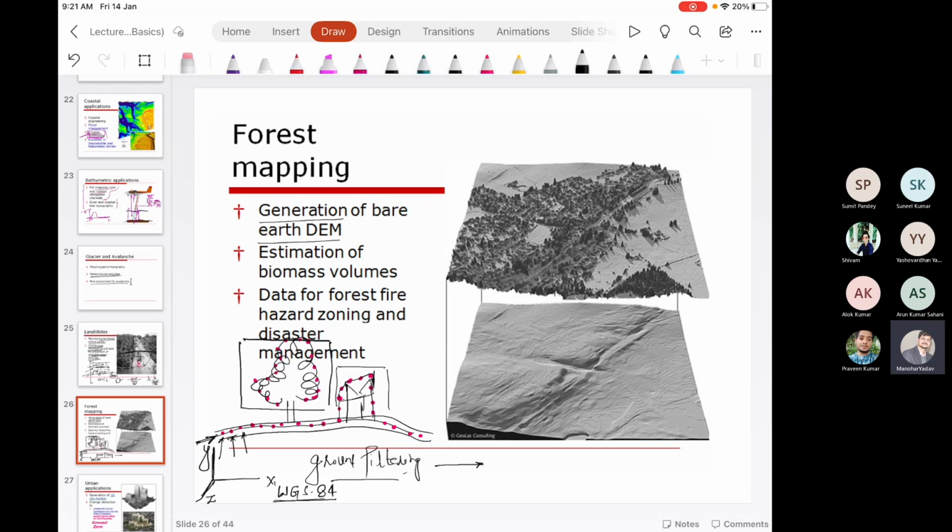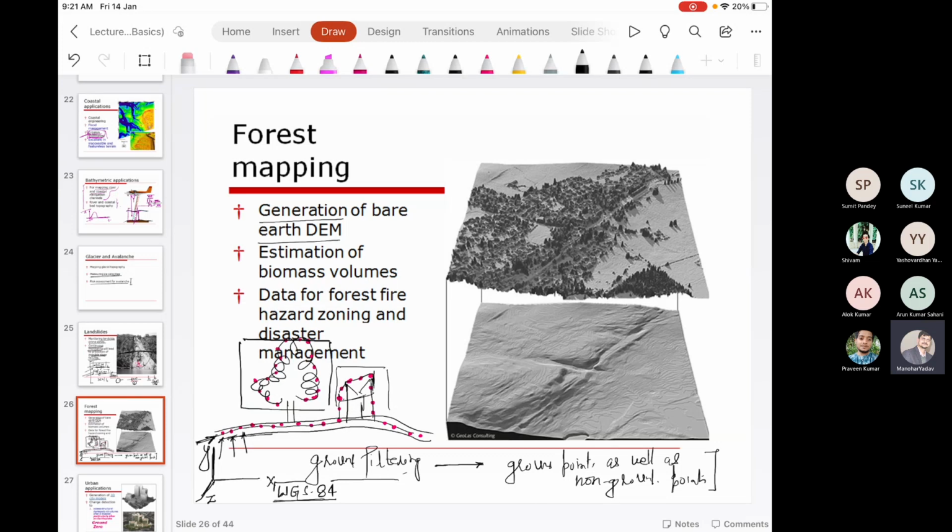So during ground filtering, you need to separate out the ground points as well as the non-ground points. They are separated in ground filtering.